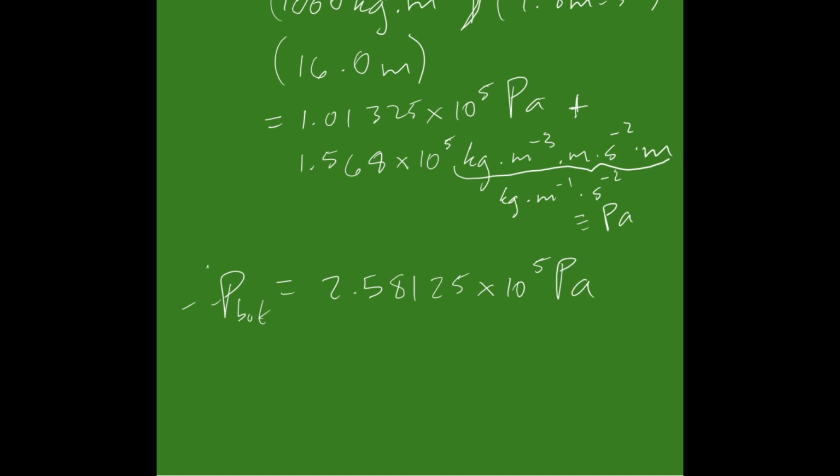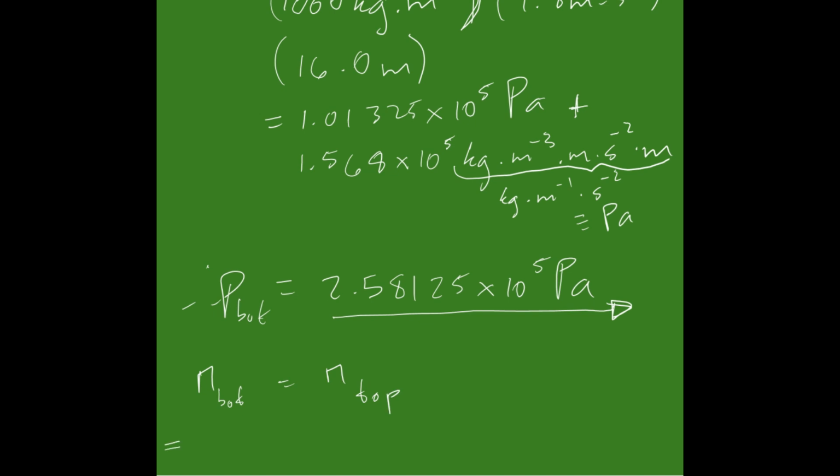So this is the pressure at the bottom. Now from our original ideal gas equation, temperature changes, the volume of course we want to calculate, the pressure changes. What does not change? The number of moles does not change. So the number of moles at the bottom is equal to the number of moles at the top.